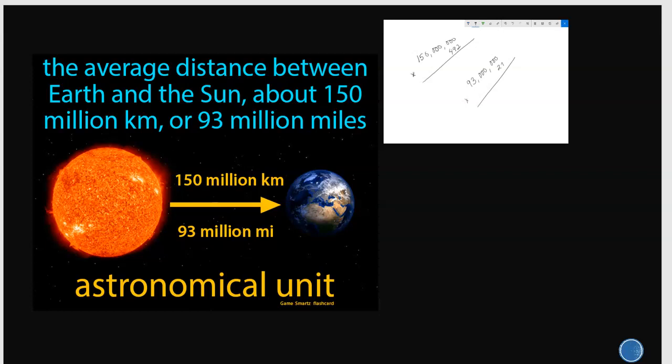If something were 2 times the distance that it is from the Earth to the Sun, it would be 2 astronomical units. 5 times the distance the Earth to the Sun, 5 astronomical units. So it allowed scientists to reduce the bulkiness of their computation.